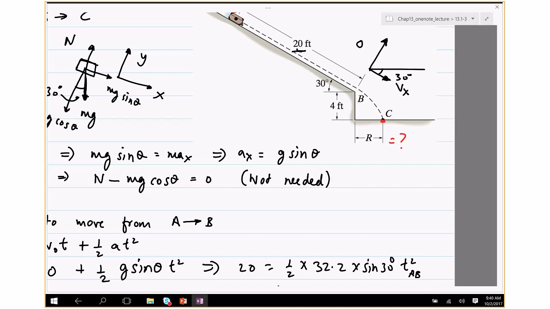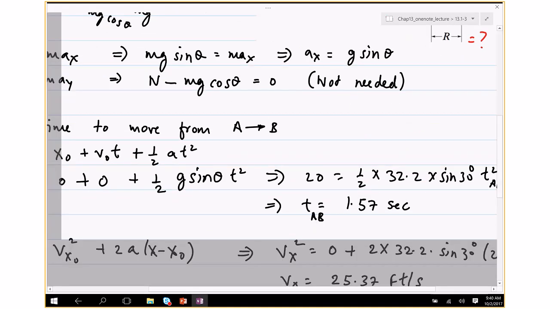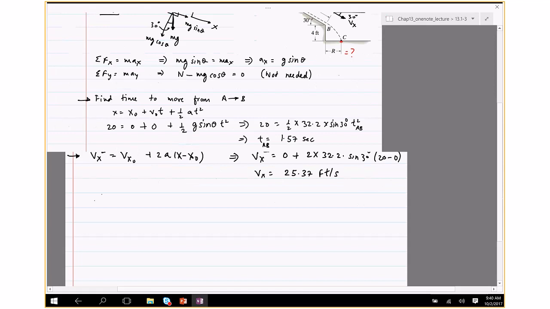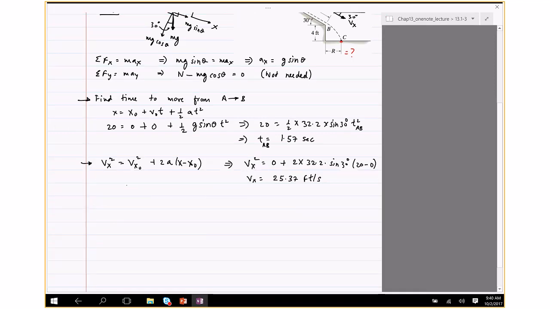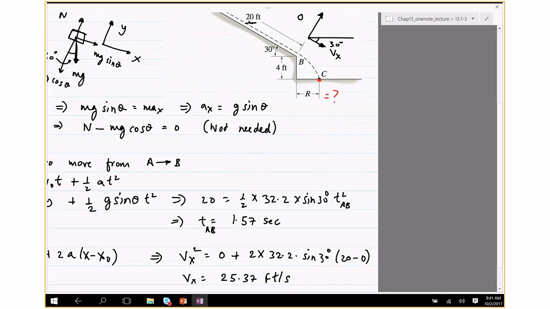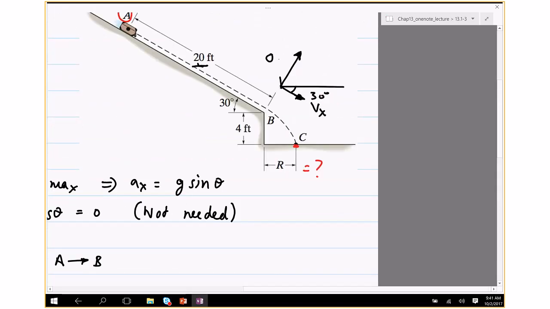I can use the fact that the vertical distance is 4 feet. So let's analyze motion from B to C. Let me call this capital X and capital Y to distinguish it from small x and small y.